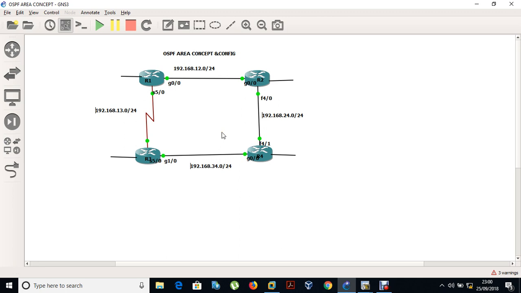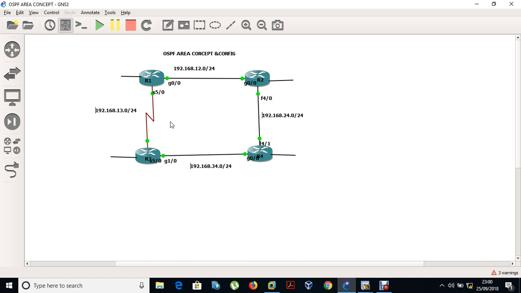So the flooding updates stay within one area. For example, if a network is flapping within an area, that flapping will not be felt by another area, because they have a different area ID. They will still know how to reach it, but the flapping stays in one area. So you are segmenting and managing your traffic.